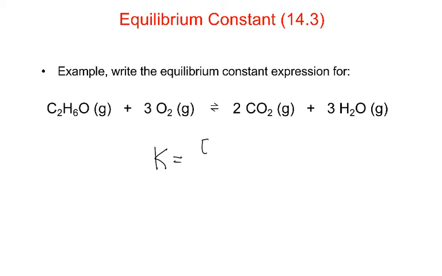My first product is carbon dioxide, and its stoichiometric coefficient is 2, so I have to square the concentration of CO2. And then my next product is water, and because its stoichiometric coefficient is 3, I need to cube the concentration of water. And then the reactants will go on the bottom.